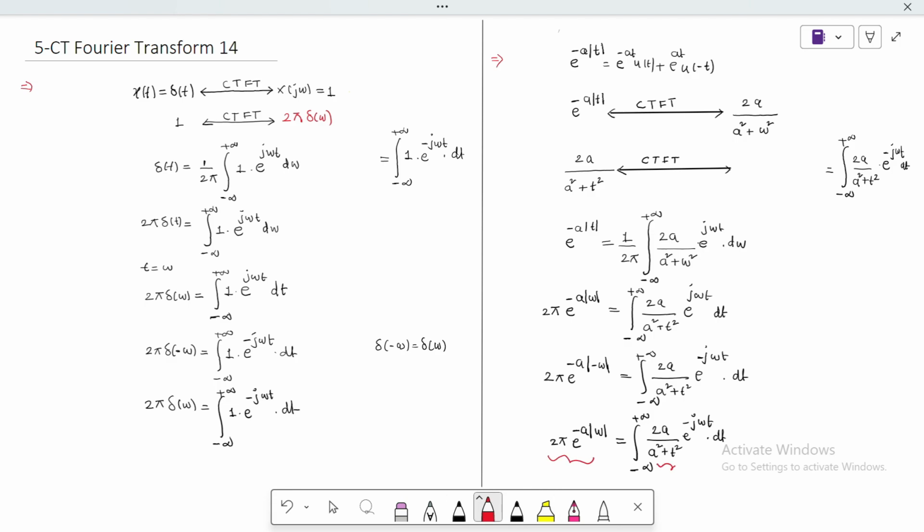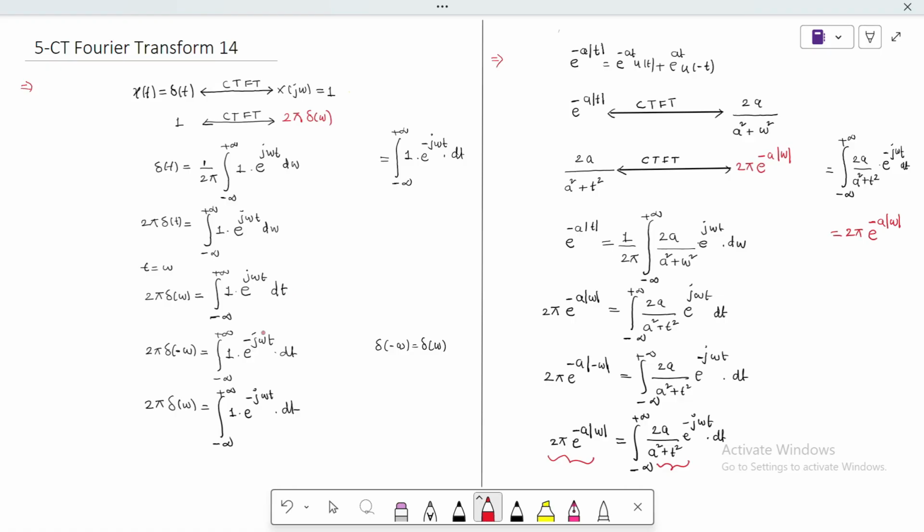So this is the Fourier transform formula. See here, the integration of 2a by a square plus t square e power minus j omega t equals what? It equals 2 pi into e power minus a mod omega. So the Fourier transform equals 2 pi into e power minus a mod omega.